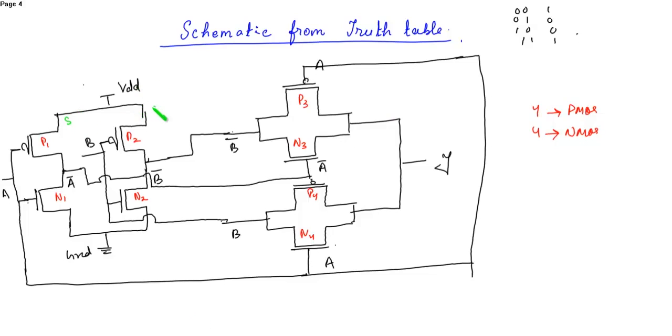This is source, this is drain, this is drain, source. You know, these are drain, these are source, drain, and source, drain. So next you have to draw the twisted schematic from this normal schematic.